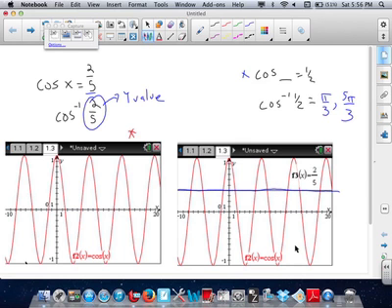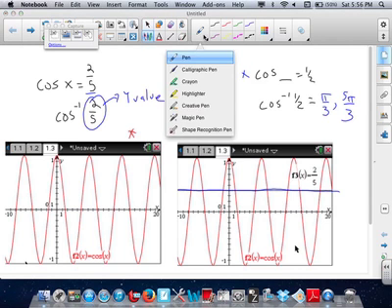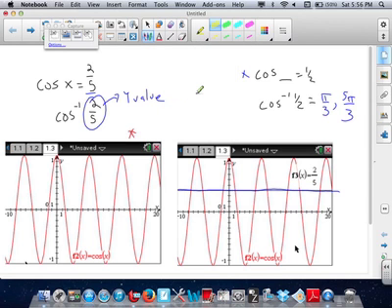Now, you know that there is an infinite amount of answers to this problem, an infinite amount of intersections of those points. So what we're going to do here is first find the point that is right here.